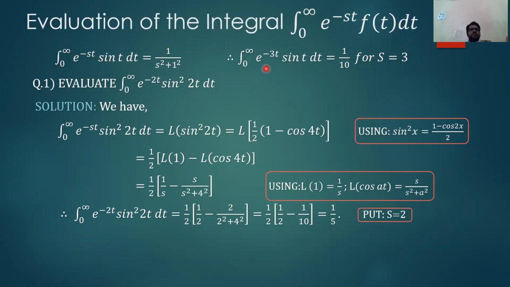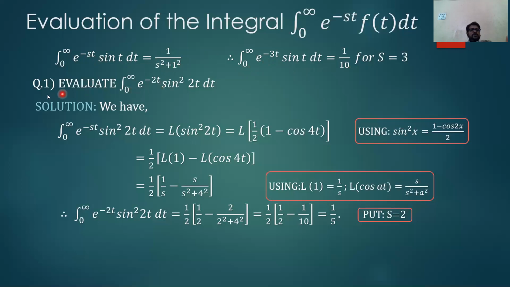Now we have to equate e raised to minus st and e raised to minus 3t. If we equate this, we get s equal to 3. So put it over here: 1 upon 3 square plus 1 square, that is 1 by 10. That is a simple example I have taken up related to the evaluation of integrals.